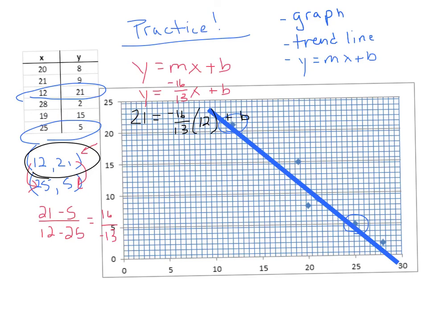The next step is to simplify before we solve. So we're actually going to do negative 16/13 times 12, which is negative 192/13 plus b. We need to get rid of the negative 192/13, so we'll do the inverse. We'll add positive.